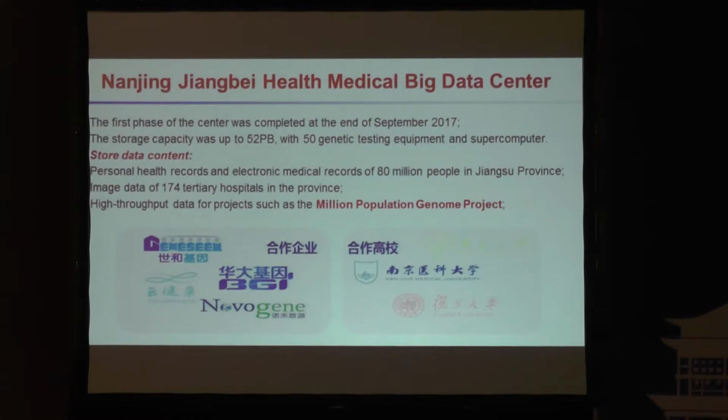In this big data center, personal health records and electronic medical records for more than 80 million people in Jiangsu province will be stored. The image data from more than 100 hospitals will be stored there. The center will also store data for more than 1 million people, and all of the data are whole genome sequencing.